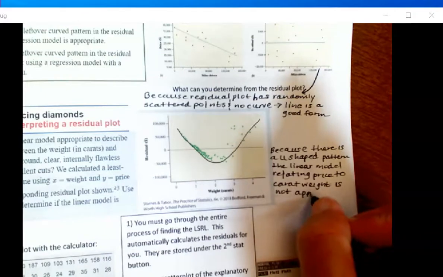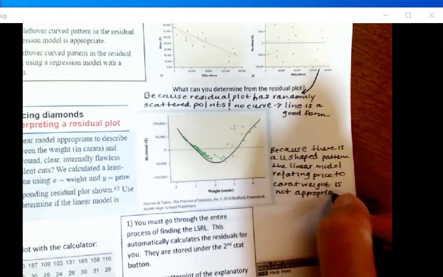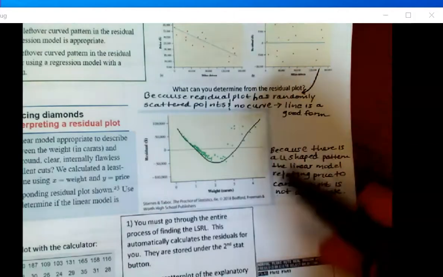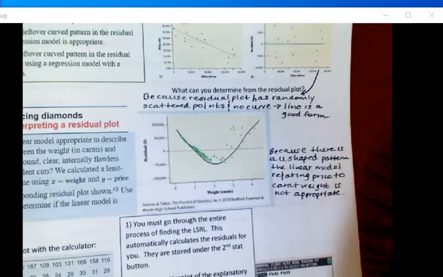So it's basically just saying the linear model would not be appropriate for this particular example, because we see that U-shape.